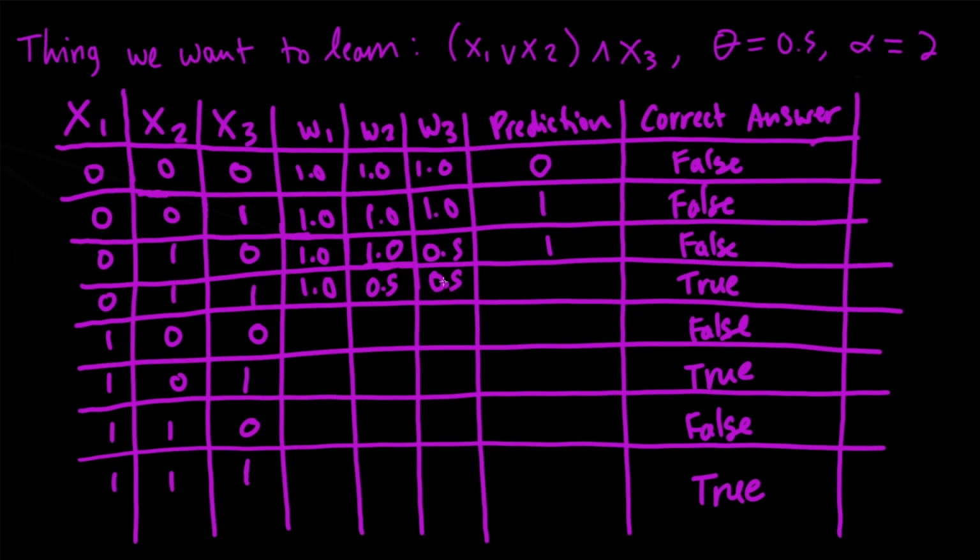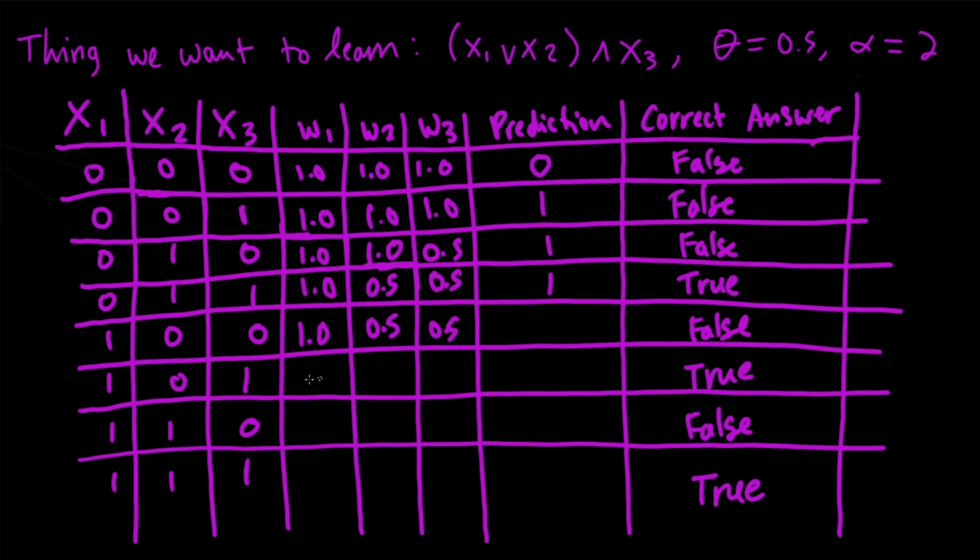So we have 0.5 plus 0.5, which is equal to 1. 1 is greater than theta, so we predict 1. Okay, cool. So we predicted a 1, and the correct answer was true, or 1. So in this case, we actually predicted correctly, so we're not going to modify any of the weights. So let's go ahead and just move our weights down to the next row, 0.5, 0.5.